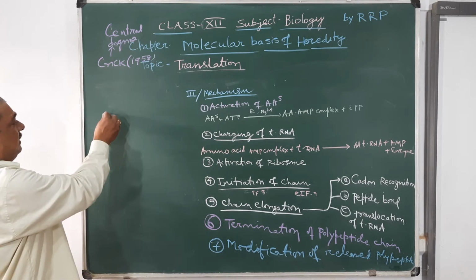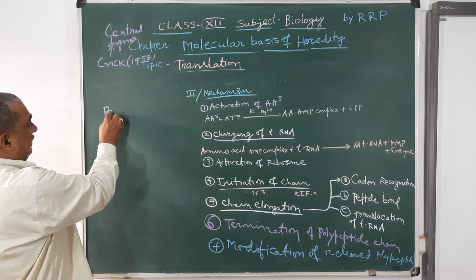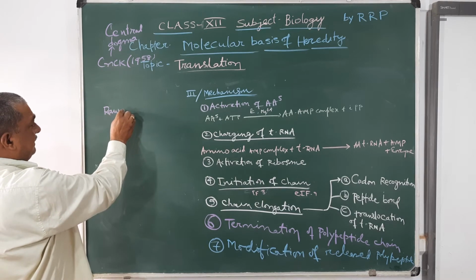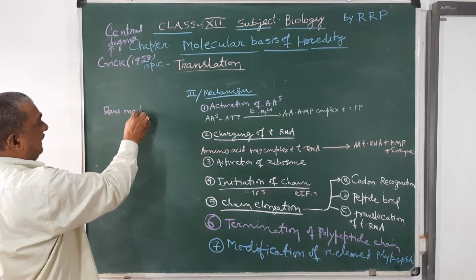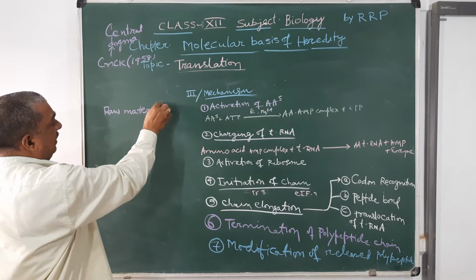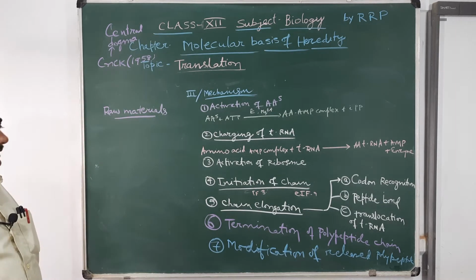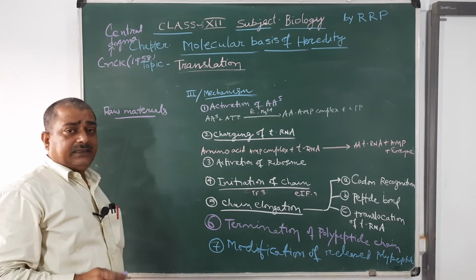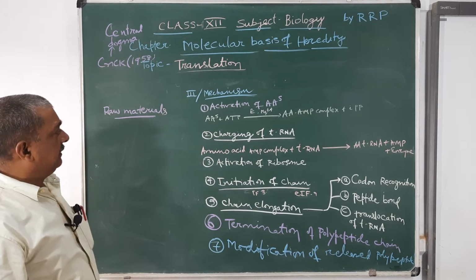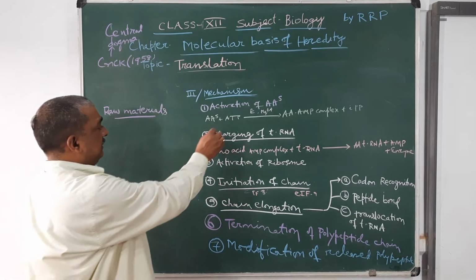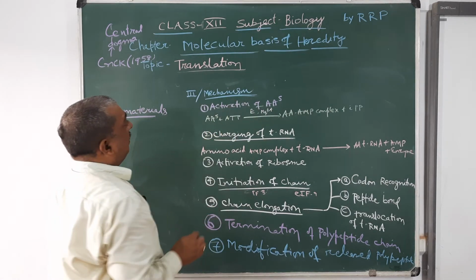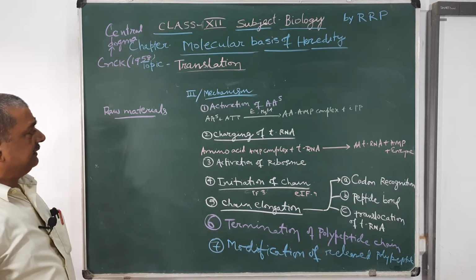Amino acids in protein synthesis act as raw materials. They are not in active form, they are in an inactive state. So activation is required for the starting of translation or protein synthesis.